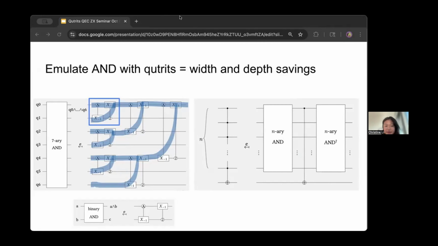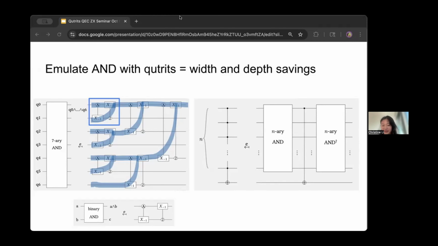And also notice that an n-ary AND, the generalized Toffoli gate, takes n qutrits, and this saves on circuit width compared to qubit implementations. And for the generalized qubit Toffoli gates, any n-qubit controlled X can be implemented unitarily without ancilla in qutrit Clifford+T in log n depth.